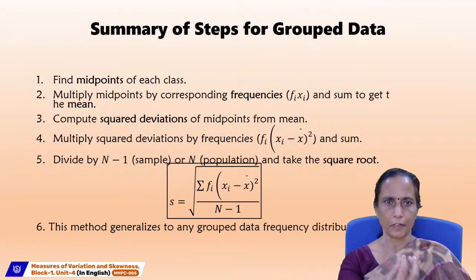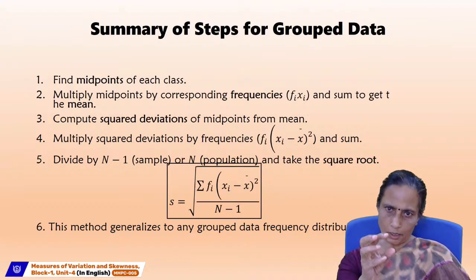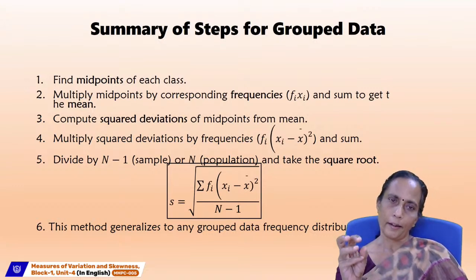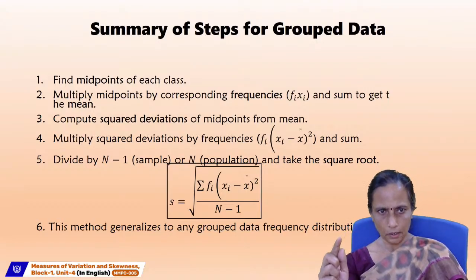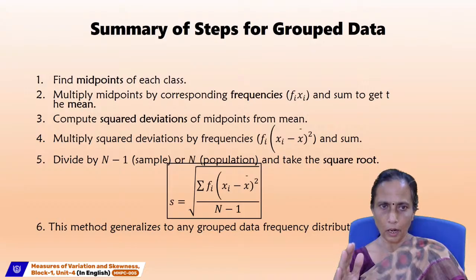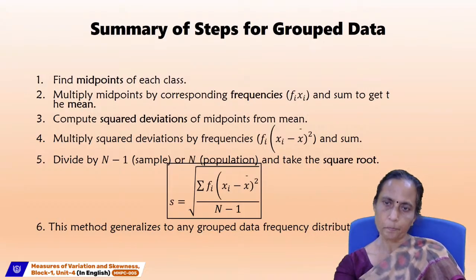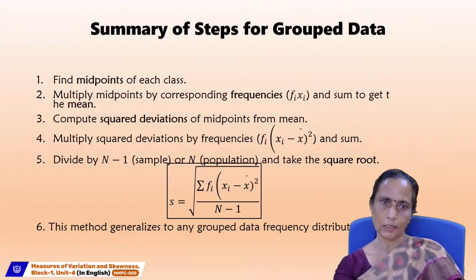standard deviation? First of all, you take your table along with the class intervals and frequency. Then in the third column, you find the midpoints and note in that column the midpoints of each class.